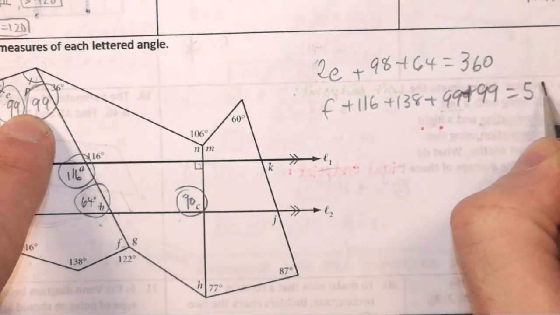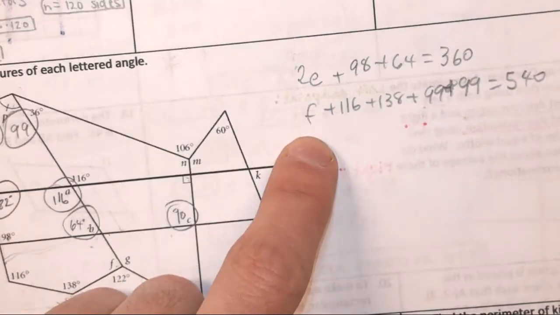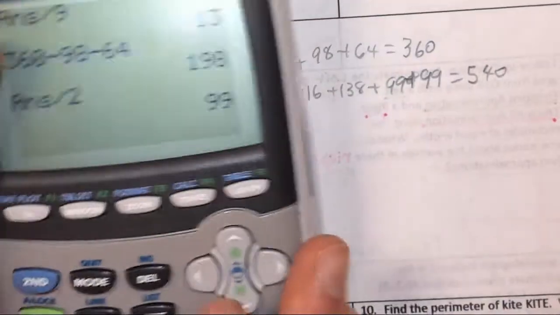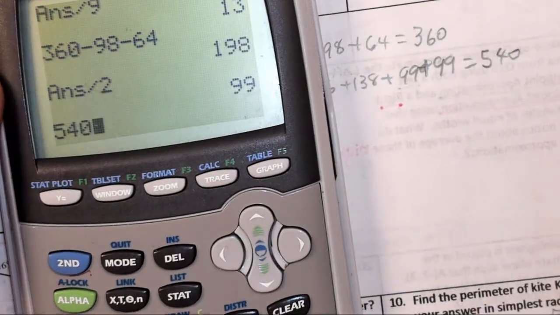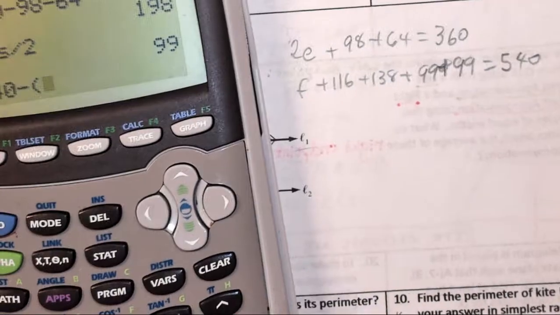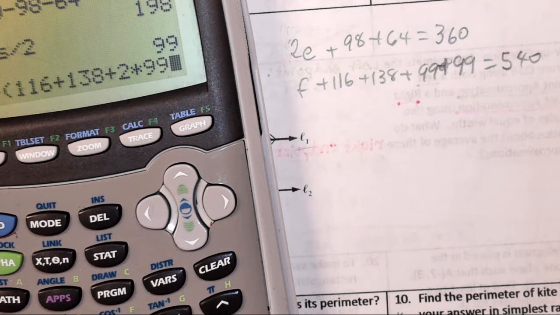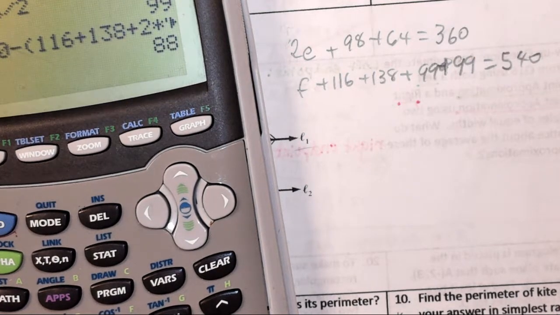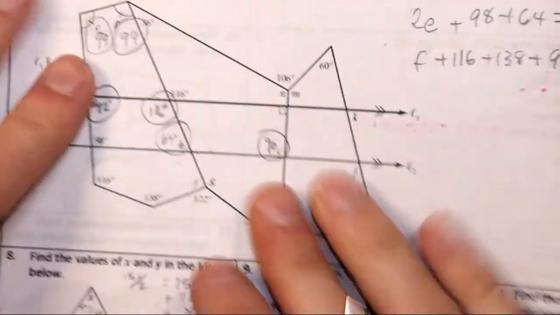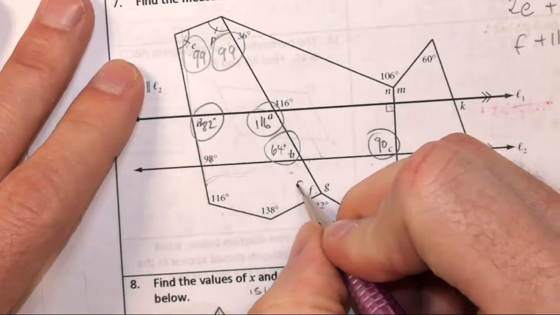All that's got to equal 540. Now we just solve that for F. So 540 minus, I'll put parentheses on here, 116 plus 138 plus two 99s. 88? Does that sound about right? Thomas says yes, so we're going to go with it.